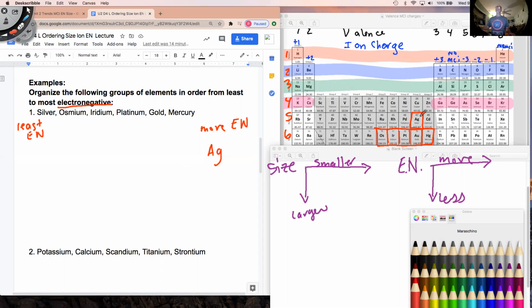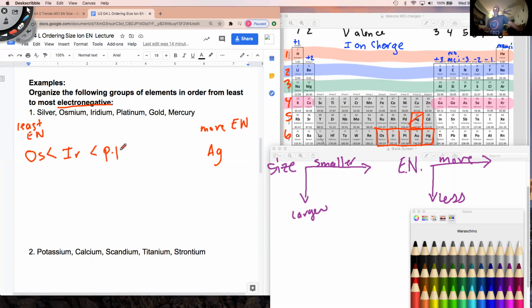So there's silver, so we've got rid of silver. Now, which one will be the largest atom? The largest atom is going to be osmium because it's furthest to the left. And the more electronegative ones are over here. So osmium is going to be the least electronegative. Then iridium would be next, and then platinum.